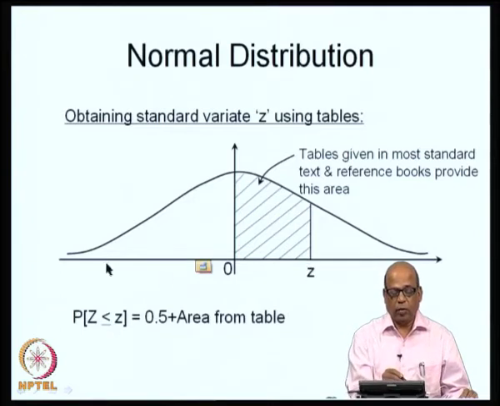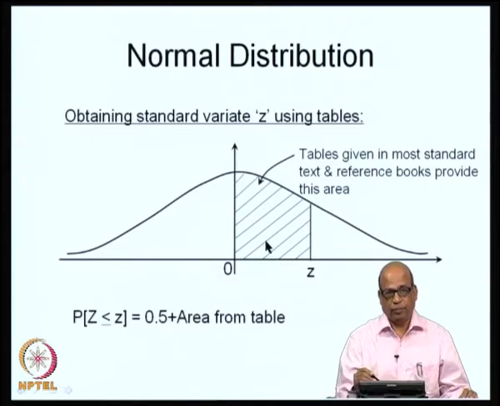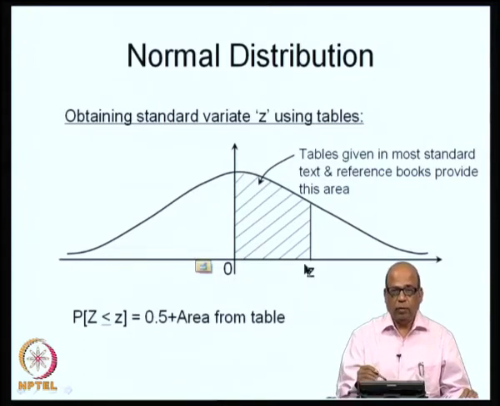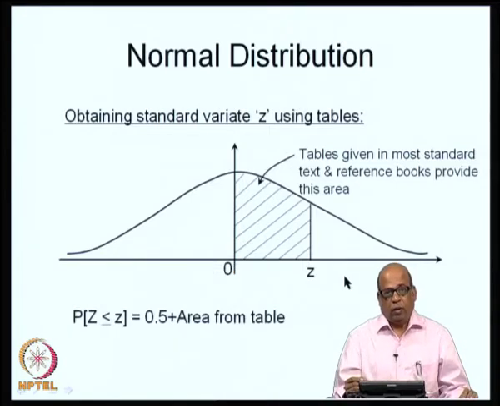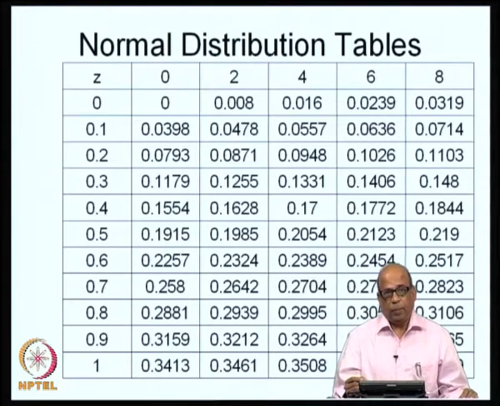So, which means you are looking at this total area, and this total area includes 0.5, which is area up to z is equal to 0, and the area as obtained from your standard tables. So, in this course we will adopt this particular method, where the areas are provided for positive values of z. So, we will see an example of how the normal distribution tables look.